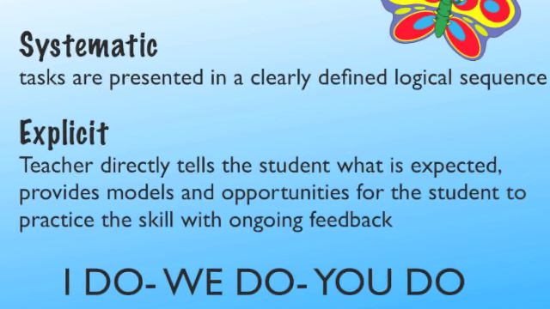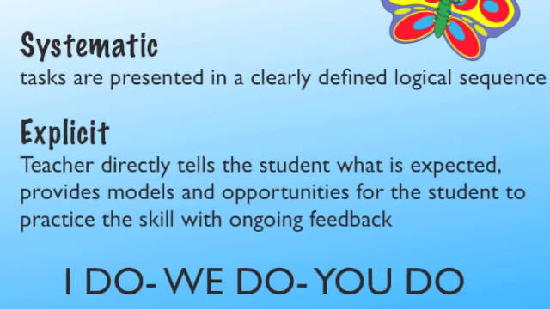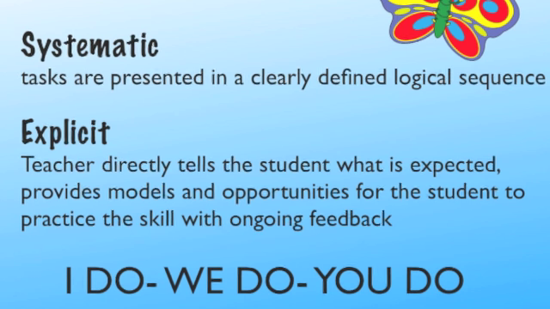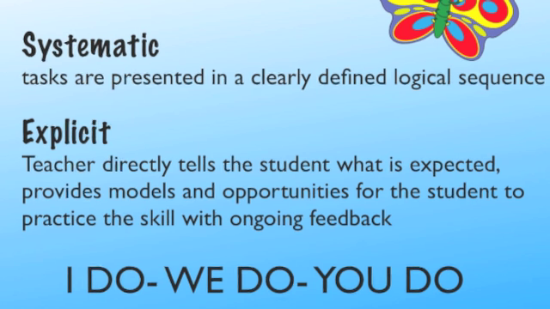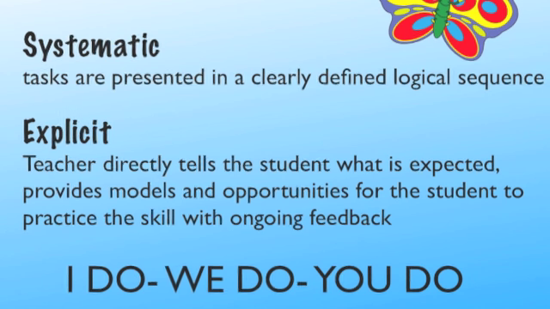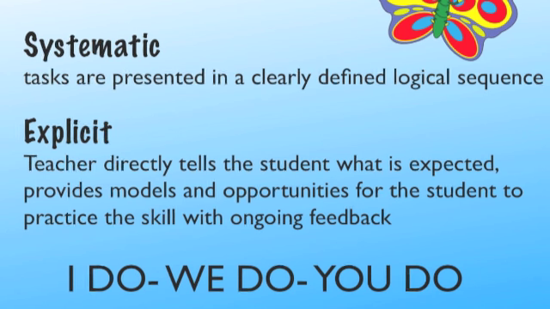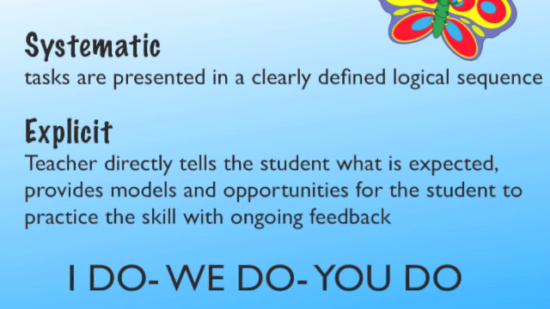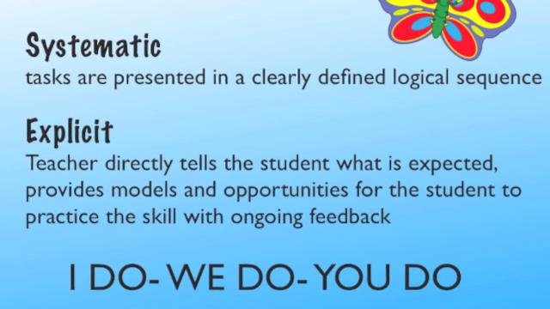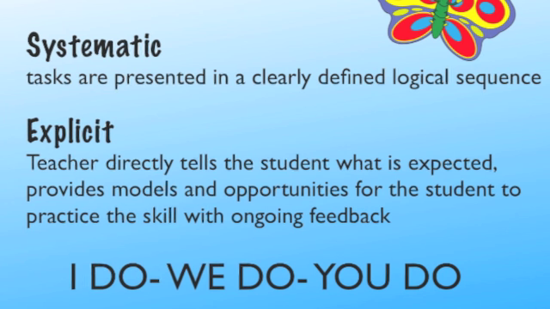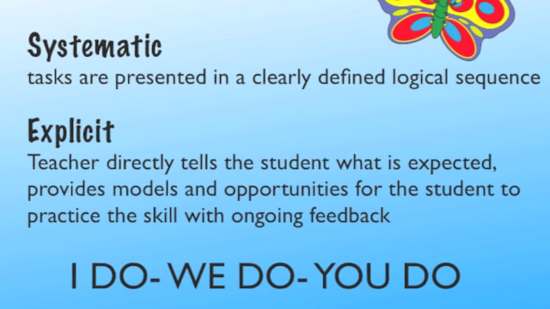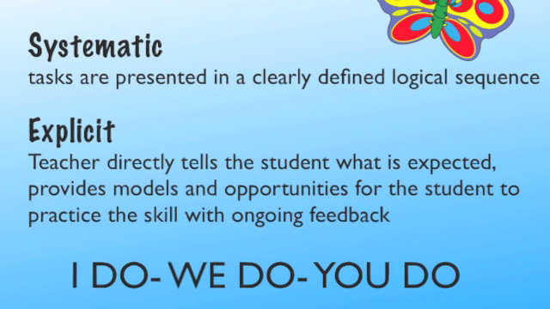So I do means that you model as a teacher. We do would mean that you and the student would do the activity together, and then you're going to gradually release responsibility to the student so that the student then is able to do the task independently. So what you're going for is error-free learning.